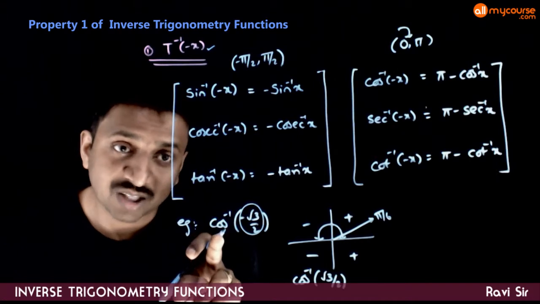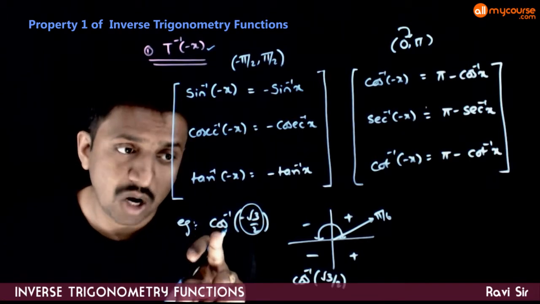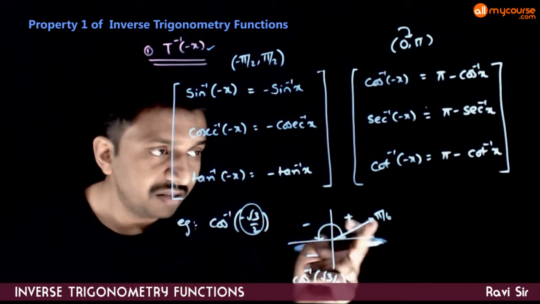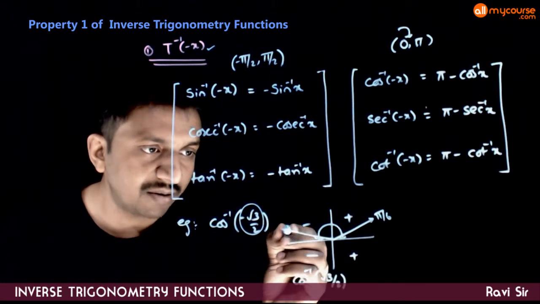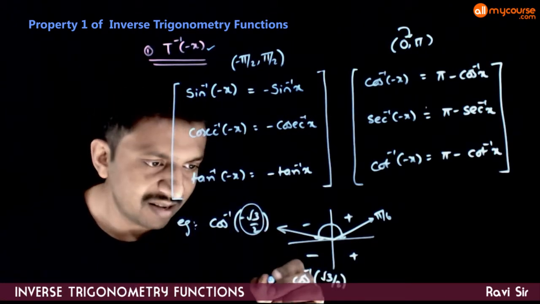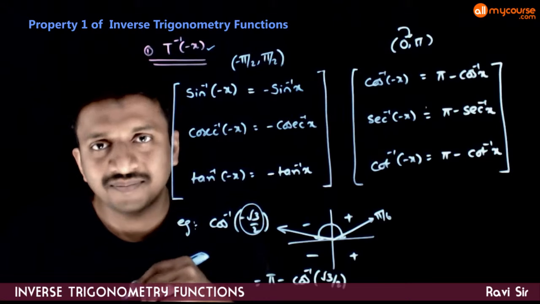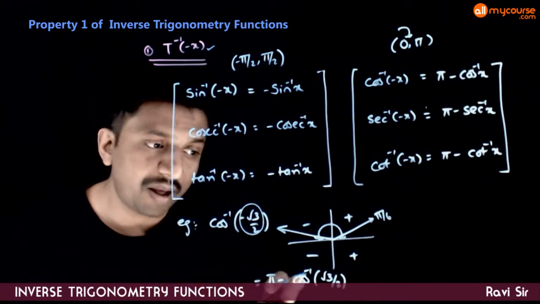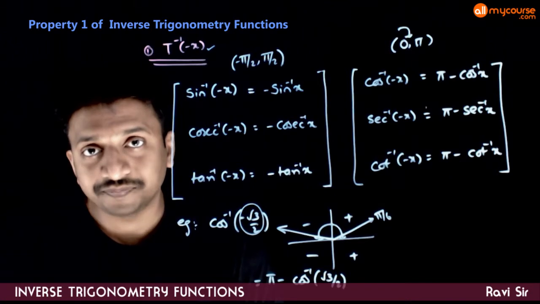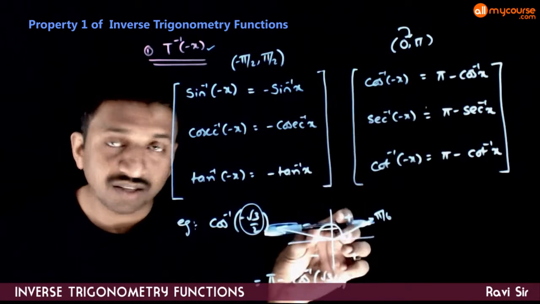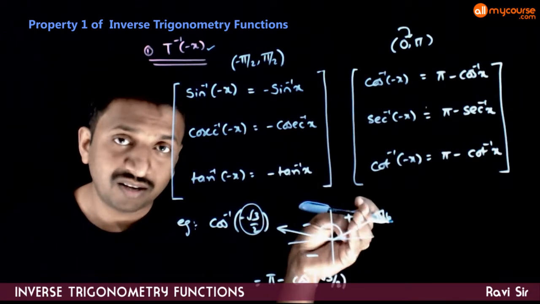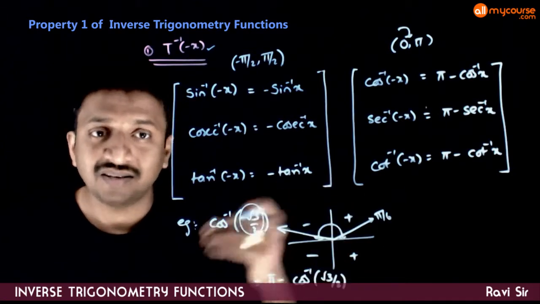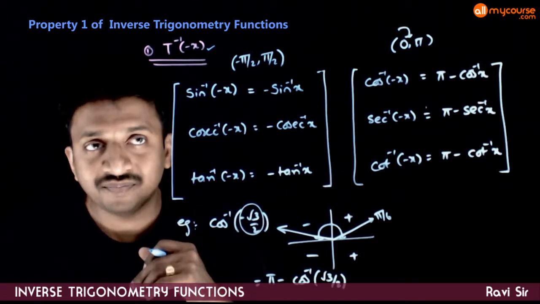To get the corresponding angle for cos inverse of minus root 3 by 2, you need to find the allied angle in the second quadrant. That is pi minus this. So cos inverse of minus root 3 by 2 is pi minus cos inverse of root 3 by 2. So if the range is 0 to pi, the logic is pi minus the positive angle.